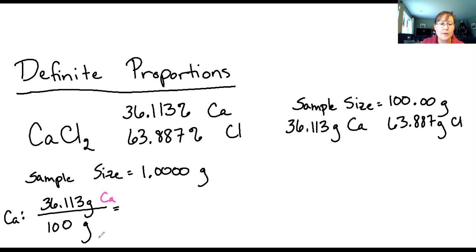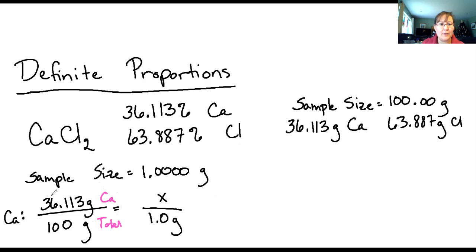And I know I'm going through this slowly, but this is just so that we can review the idea of proportions and ratios. Okay, well, now I have 1 gram and I want to know X. What's the mass of my calcium?